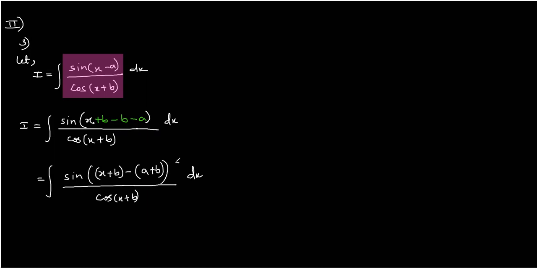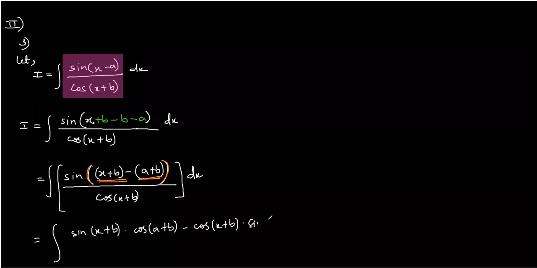So the numerator now is in the form sine of A minus B. I shall apply the compound angle formula: sine A cos B minus cos A sine B. So here I write sine of x plus b cos of a plus b minus cos of x plus b sine of a plus b, and this whole thing divided by cos of x plus b, dx.